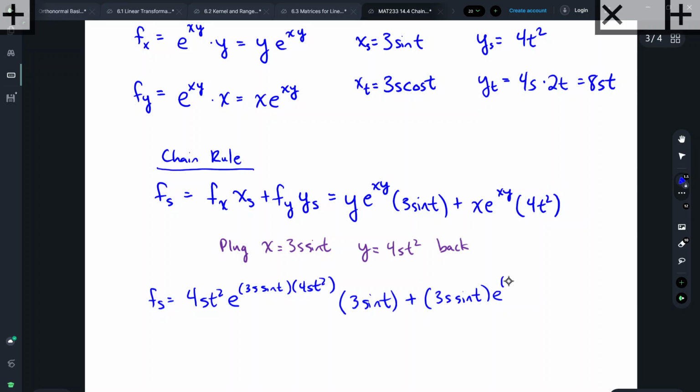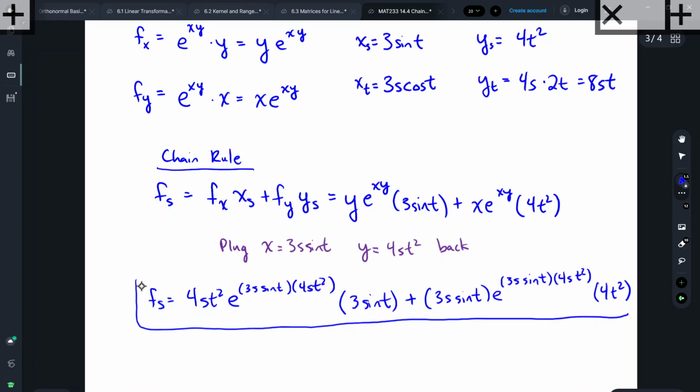So you have 3s sine t times 4st squared, and then times 4t squared. Okay, so I get this whole thing here. Sometimes in these examples, you get quite long expressions.